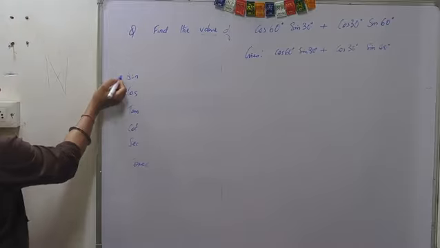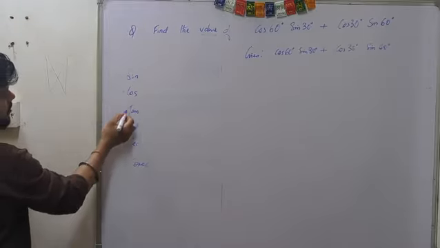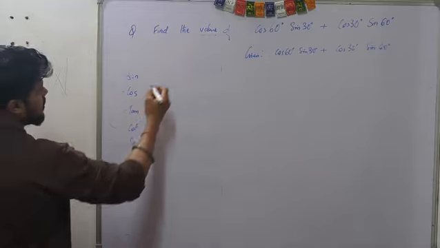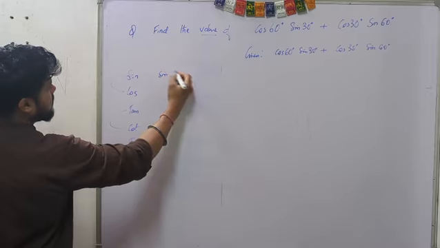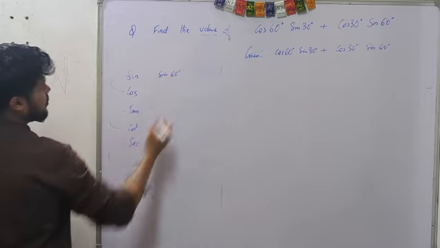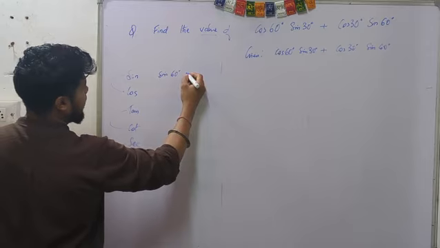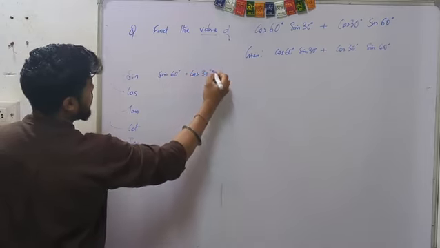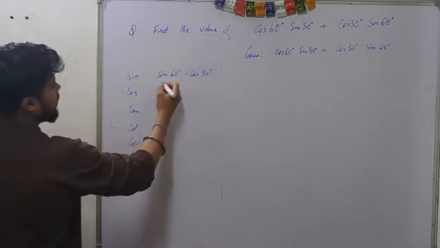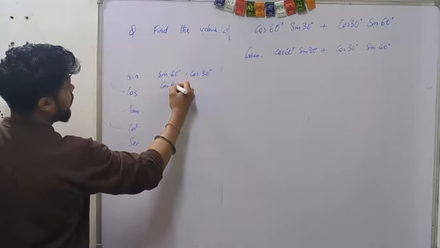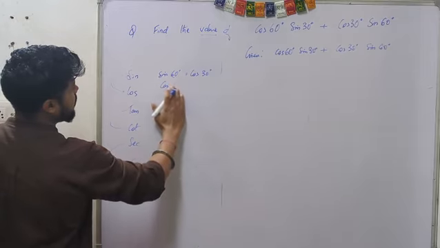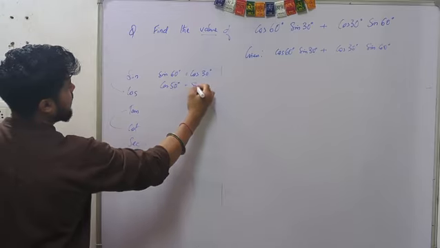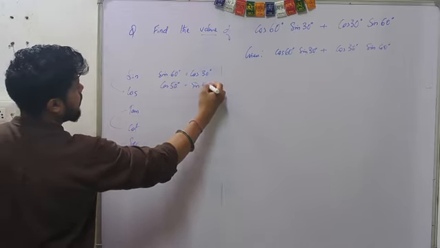These two are complementaries, these two are complementaries, these two are complementaries. That means if I write sine 60 degree, this is equivalent to cos 30 degree. If I write cos 50 degree, I can write sin 40 degree.